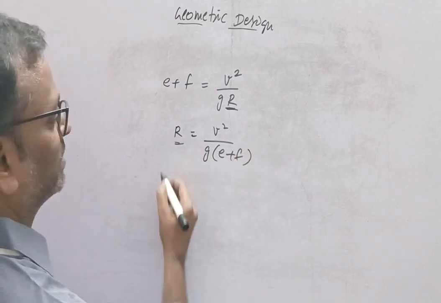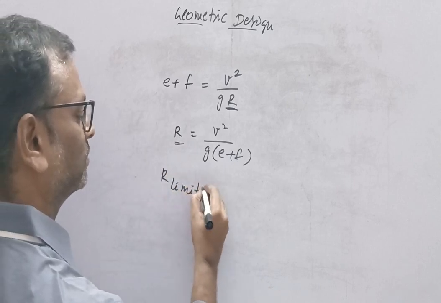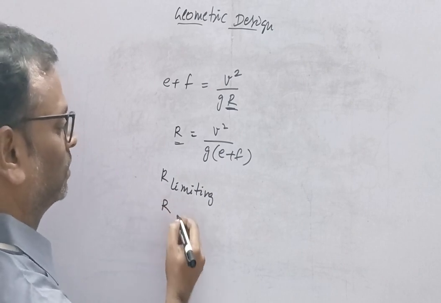We have two radii, that is limiting radius and desirable radius. So ruling and limiting.